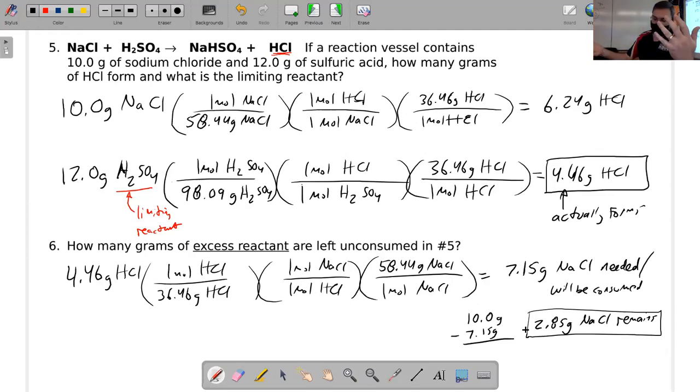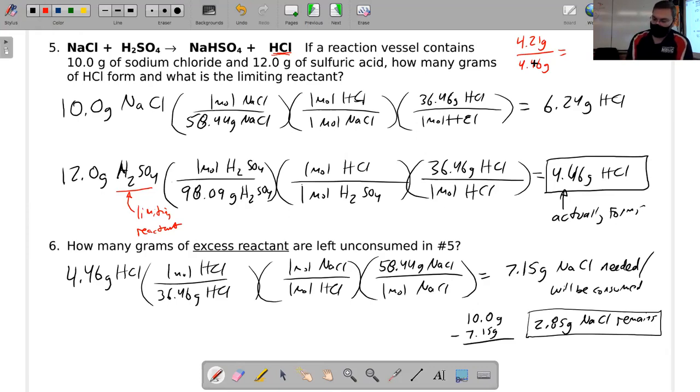The other thing that you could end up having to do is maybe calculate a percent yield. You know how to do that now too. So let's say you expect 4.46 grams to be produced, but maybe only 4.21 grams is actually made. When you divide the mass that's actually produced by the mass that you would expect, that gets you a percent yield.